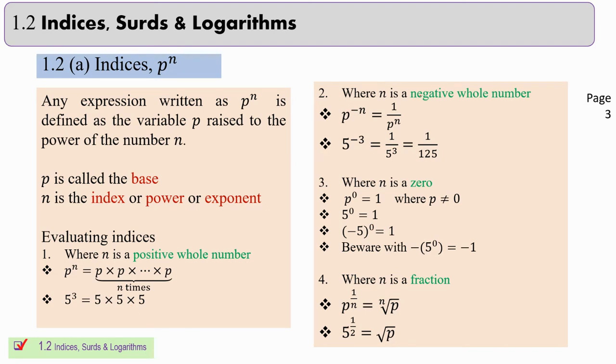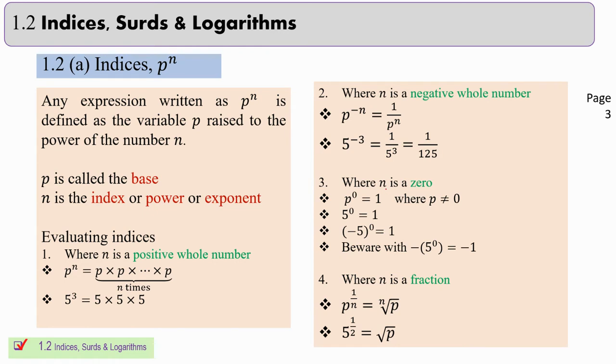While if your n is a negative whole number, this originates from 1 over p power of n. That is the same thing as your 5 repeated 3 times, but because it happens at the denominator, when you bring it out into the numerator, the power 3 will become a negative 3.